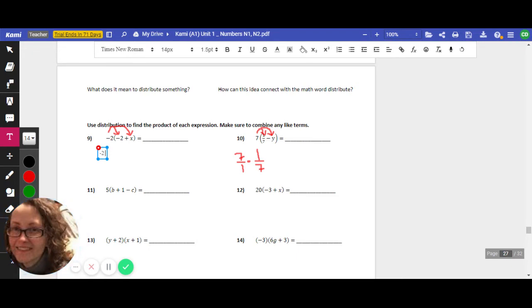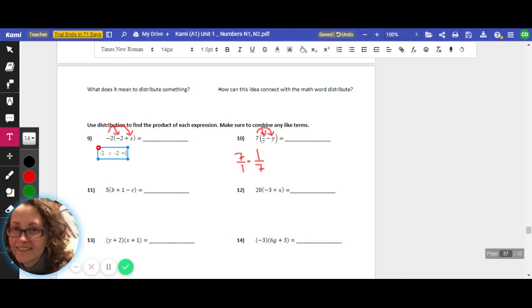So -2 times a -2. And I'm going to add that because this middle sign in here is addition.